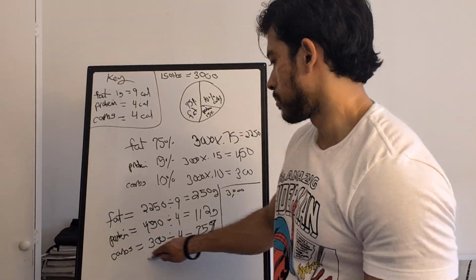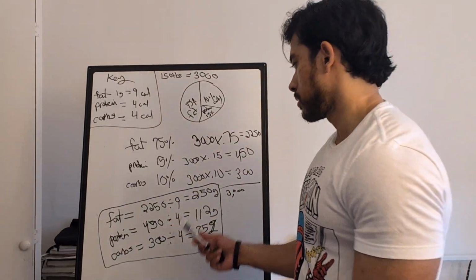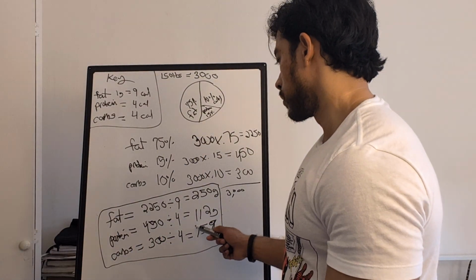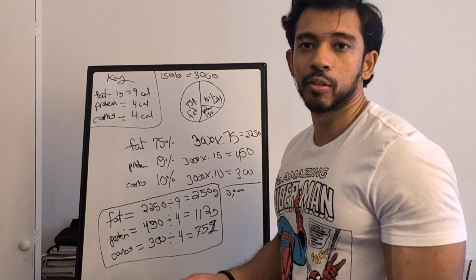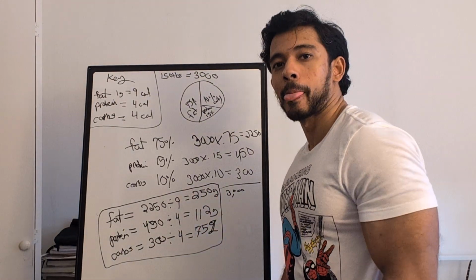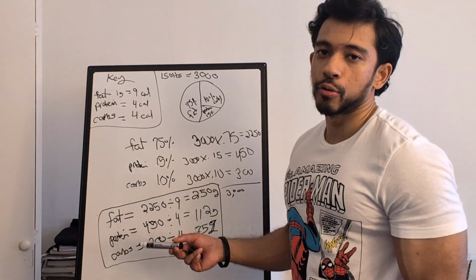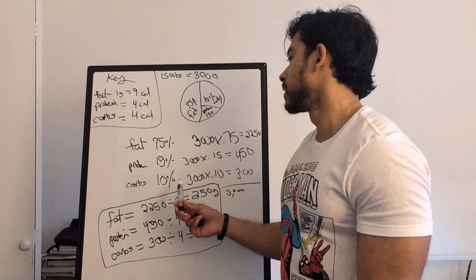This is your macronutrient breakdown, right? So you know how many calories to eat, you know how many macronutrients to eat, which will get you that set amount of calories, and you have that breakout. So you could do this with any diet. You could break the percentages out how you want, depending on what kind of diet you follow or what your goal is.